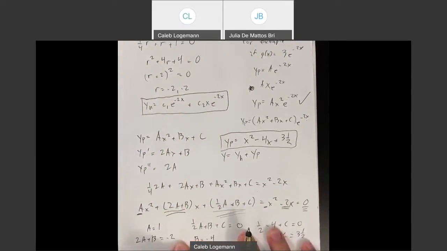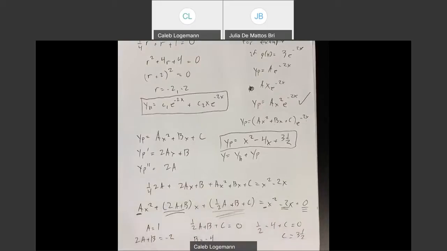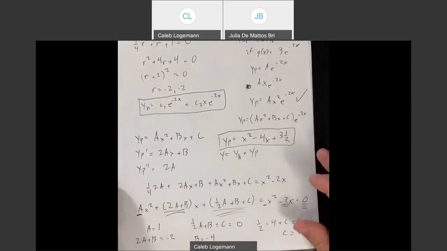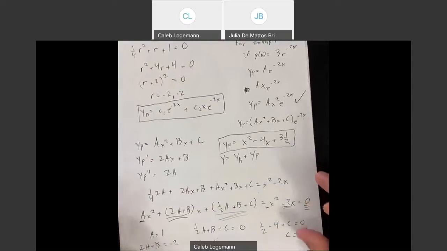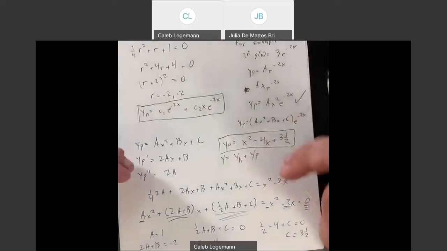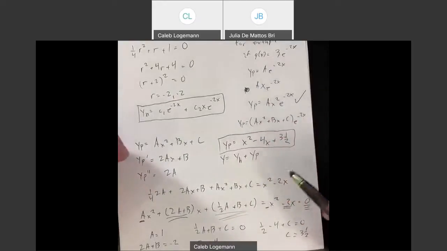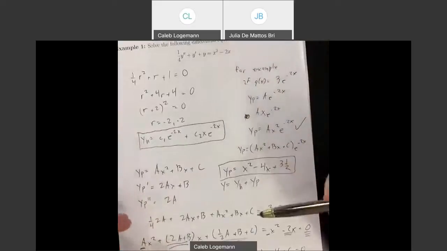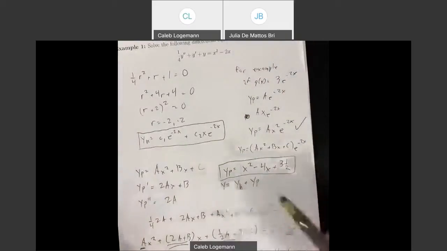Do you have any questions on how that worked? No? Okay. So that's the main idea here: we always make a guess, try to make a good guess based on what the right-hand side is. We plug it into the equation, combine all the terms, and match up coefficients.